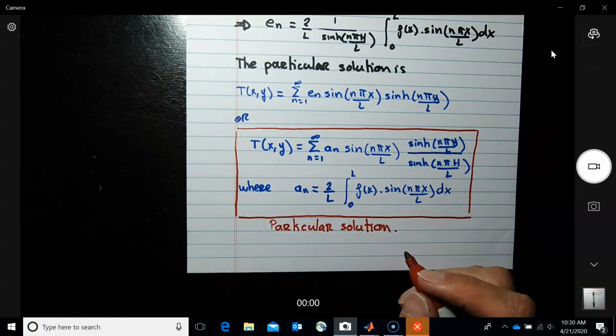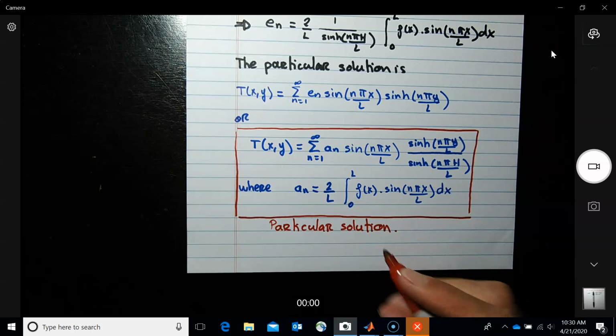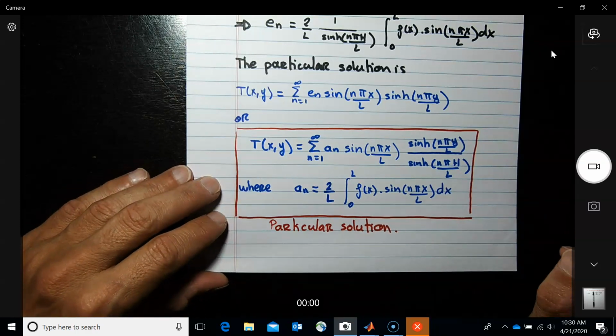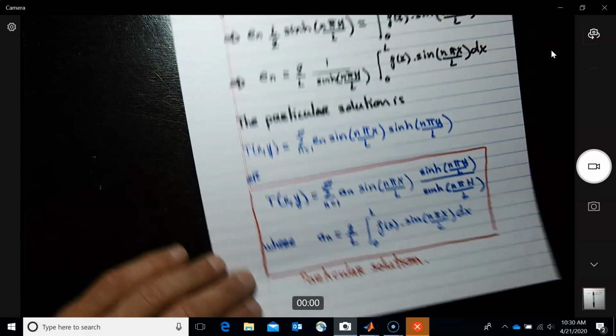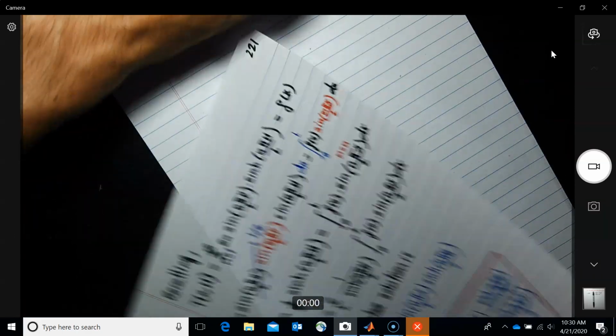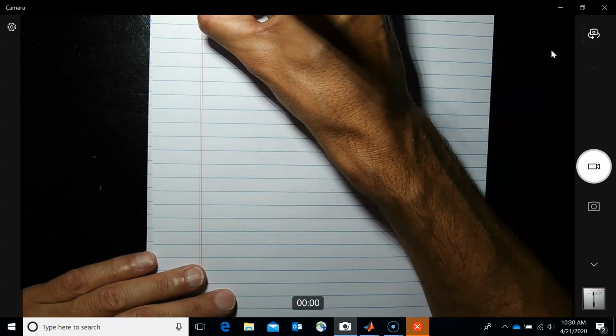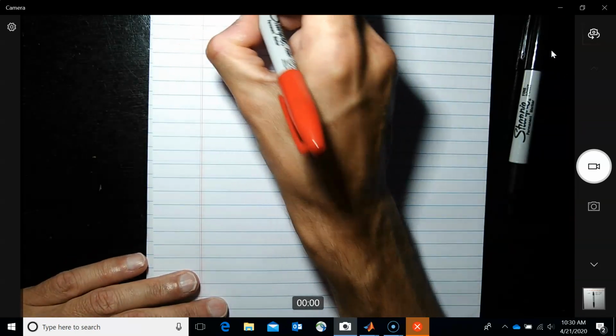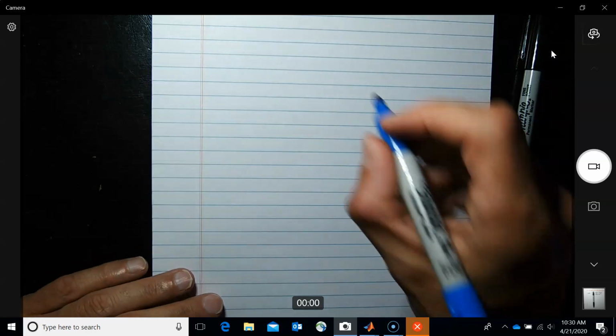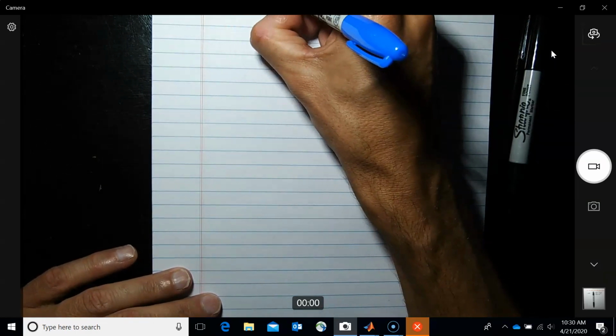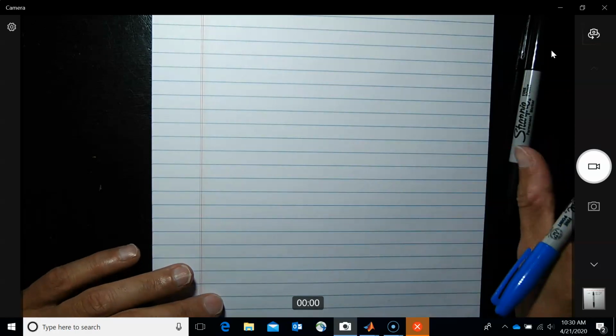Okay, almost there, so very quick. Let's do an example. If f(x) equals 1, then what does that mean?